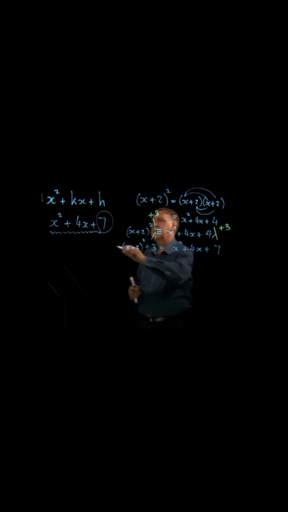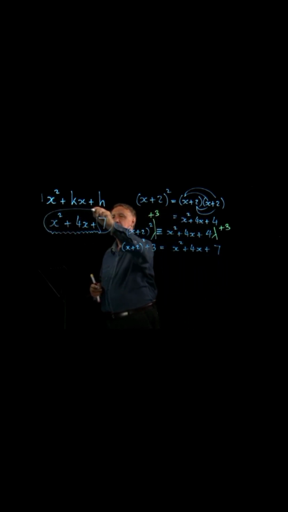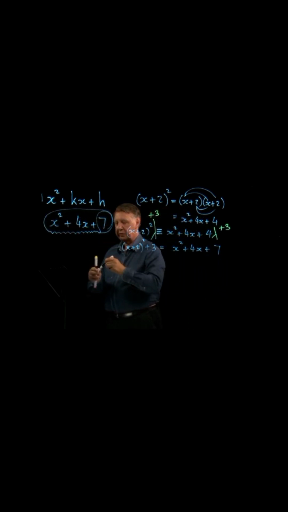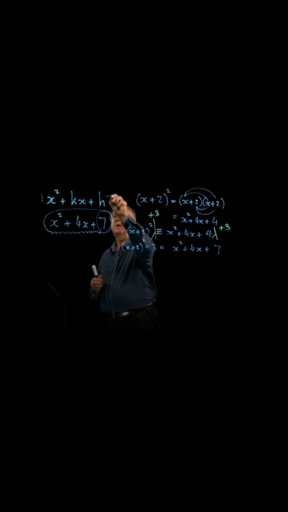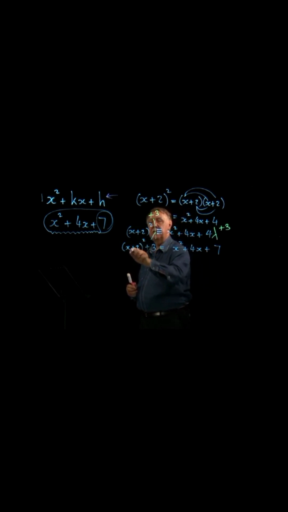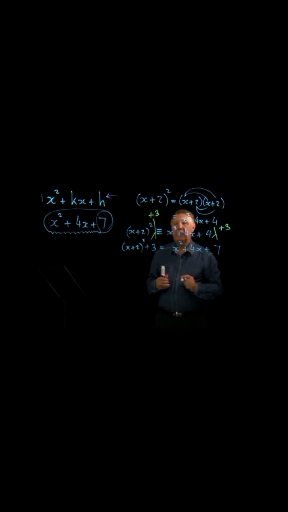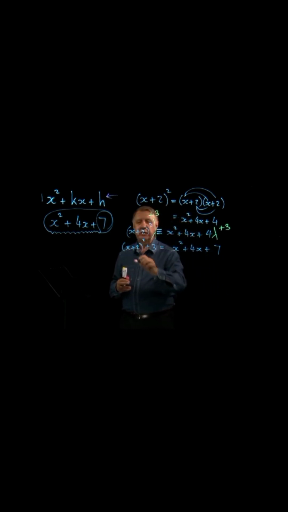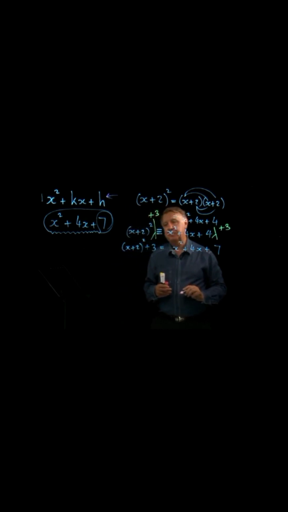So I've started with this, which of course is an example of this type of thing here, and I've written it in a different way. And you'll notice that x no longer appears to be squared. Of course, it's a bit of a smoke and mirrors trick because it is going to be squared eventually because of that. But initially, it doesn't look as if it's been squared.